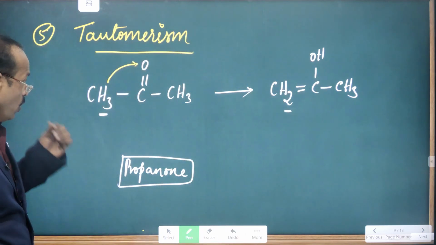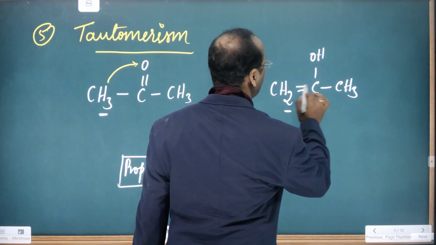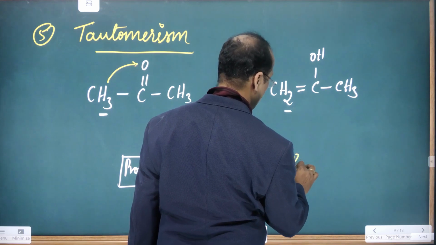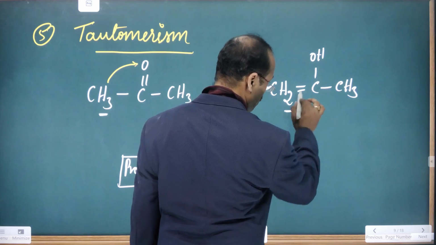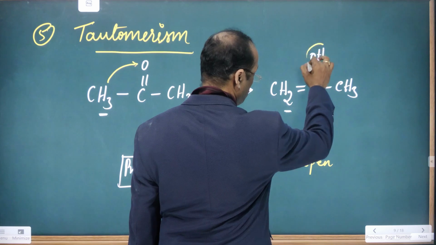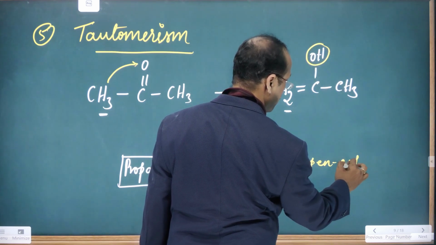So 1, 2, 3 carbons, 3 carbons is prop, and a double bond is there, not a single bond. And the functional group is alcohol.